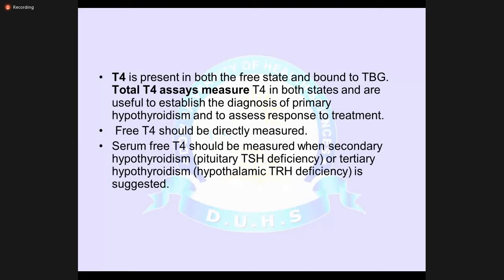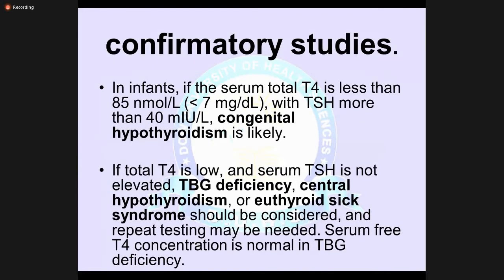For confirmatory studies in infants, if the serum total T4 is less than 85 nanomole per liter, with thyroid stimulating hormone more than 40 international units per liter, congenital hypothyroidism is likely. So if the T4 is low and TSH is high, most likely this is congenital hypothyroidism.